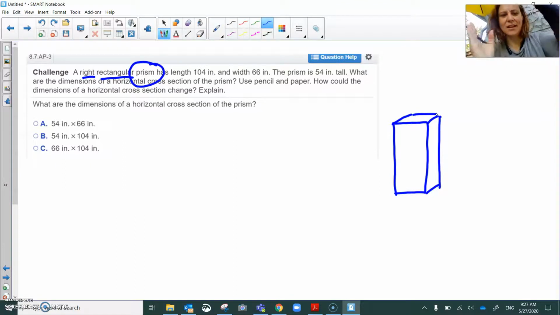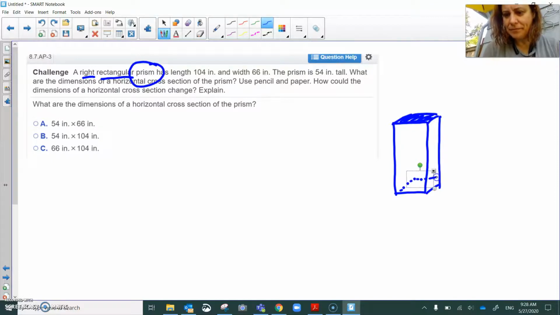And it's not drawn to scale, which means I don't know if I should have drawn it that way or if I should have put it on its side. I'm gonna give it some dimensions here. So I know that the top and the bottom are rectangles. The top and the bottom are rectangles that match each other, and all the sides are also rectangles. It has a length of 104. It has a width of 66.